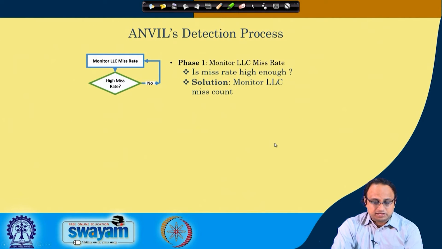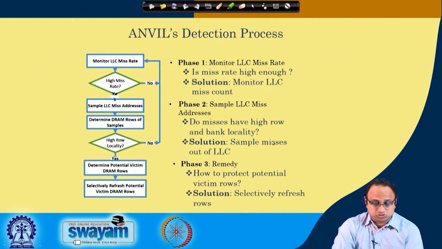So, the idea behind this strategy is as illustrated here. You monitor the LLC miss rate and see whether the miss rate is high enough. You monitor the last level cache miss count, and then you sample the LLC miss addresses and see whether the misses have high row and bank locality.